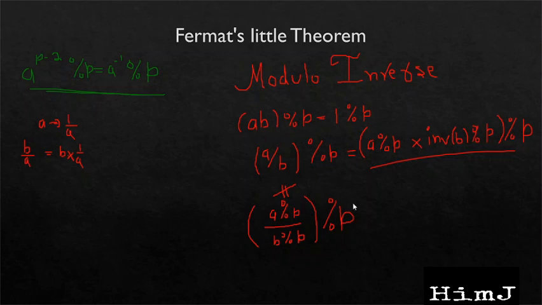So let us look at an example to understand it a little better. Suppose you have to calculate 20 divided by 4 modulo 6, and you decided to do it like this. You first perform 20 modulo 6, which will be 2. Then perform 4 modulo 6, which will be 4.